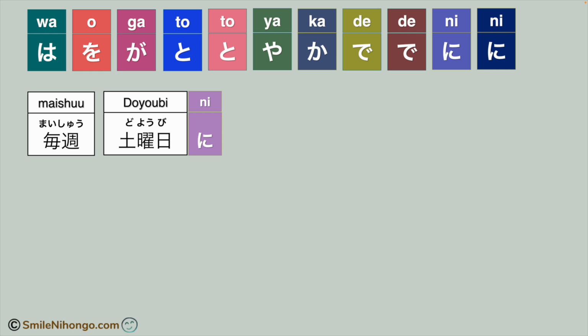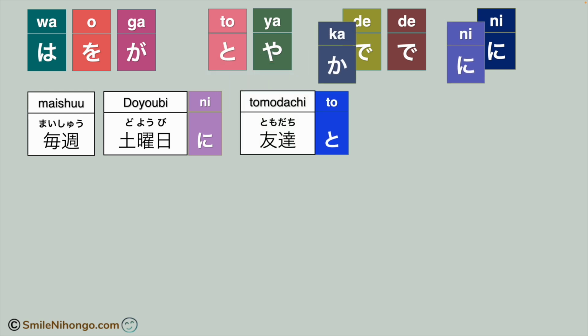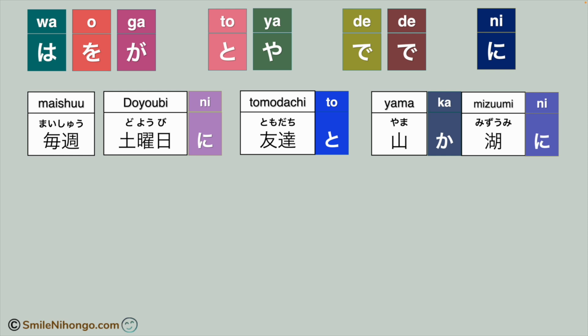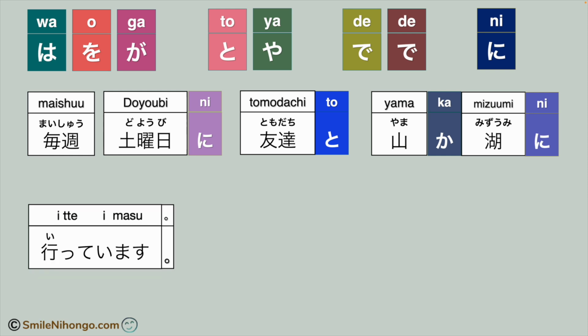Here's the next sentence. では次の文章です。Now I'm going to use the particle に to mark a time expression. 毎週土曜日に友達と山か湖に行っています。わかりますか？そうですね。The sentence means every Saturday I go to the mountain or lake with a friend.